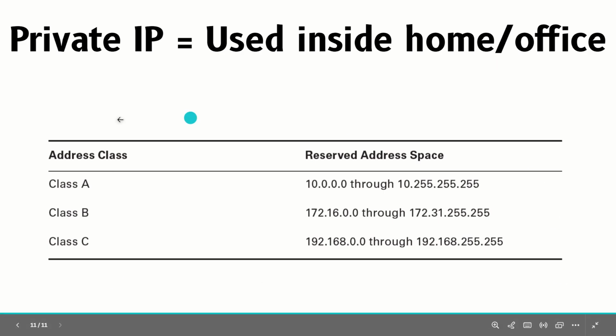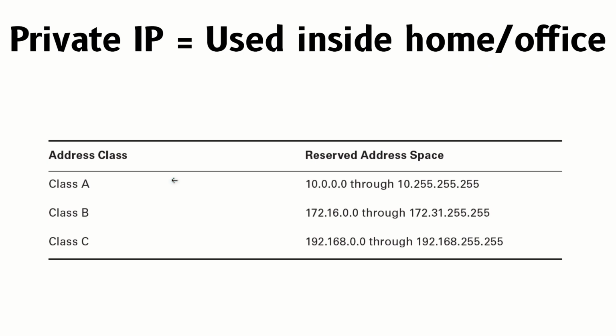These are the ranges which are private. I've already explained private and public IP in one of my videos. A private IP is one used inside your home, which can't be used outside on the internet.